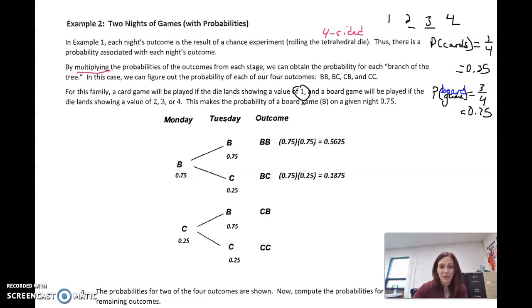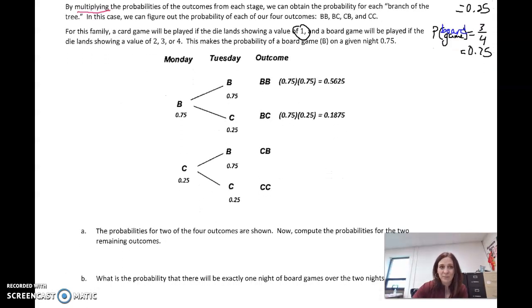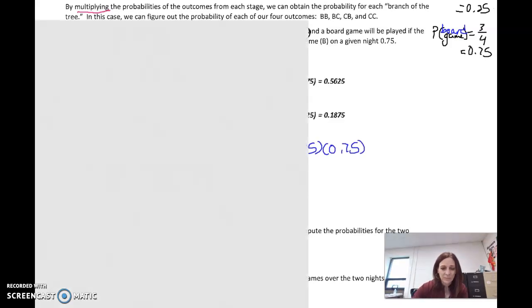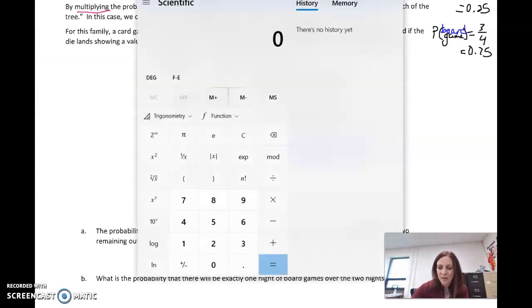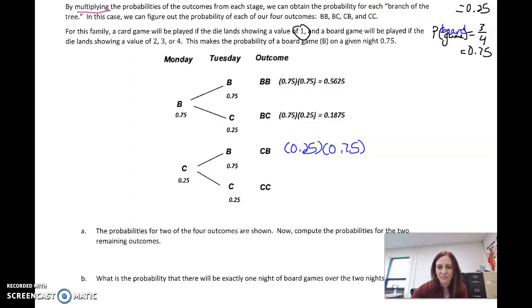If I want to know a board game and a card game, board game is 0.75, card game is 0.25. Multiply them together, that's the probability. Now if we want to figure out these last 2, card game then board game, we go 0.25 times 0.75, which is 0.1875.